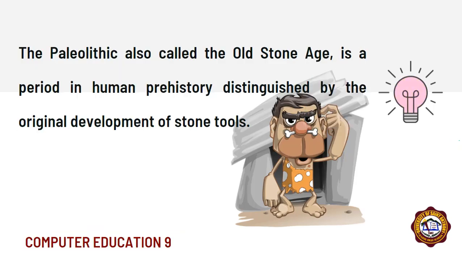Okay, so Paleolithic period, also called the Old Stone Age, is a period in human prehistory distinguished by the original development of stone tools. So, meaning, ito yung age na yung mga tao gumagamit pa sila ng mga bato bilang tools nila sa pang-araw-araw nilang gawain.